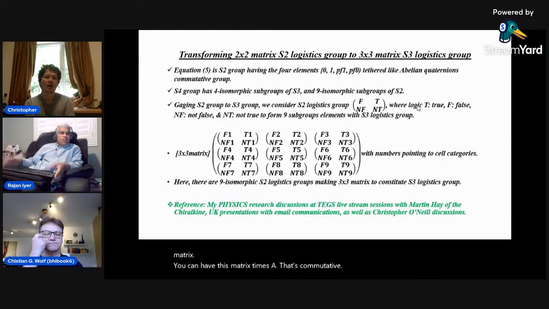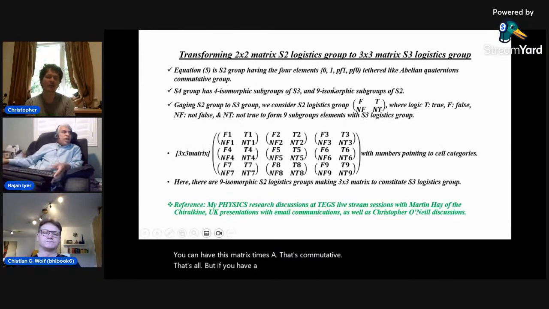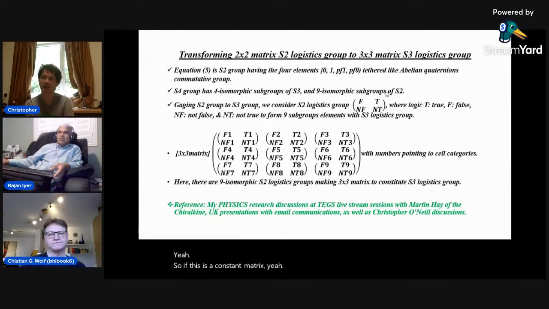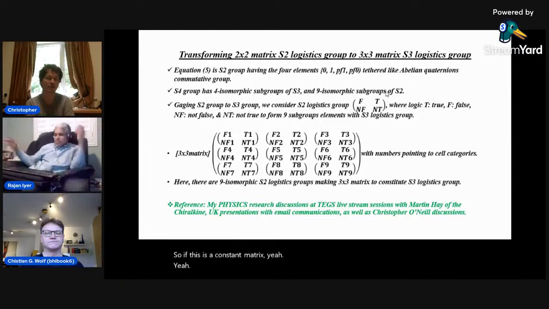But that's not two matrices. That's a matrix times a constant. A constant times a matrix and then a matrix times a constant would probably be the same result. Exactly. But those aren't two matrices. If it's two matrices, then that's a different scenario.